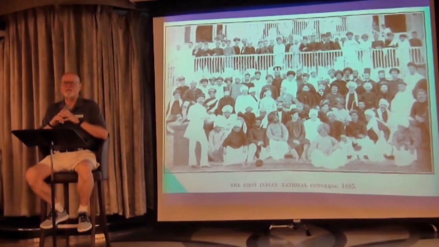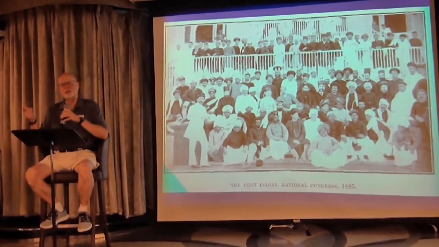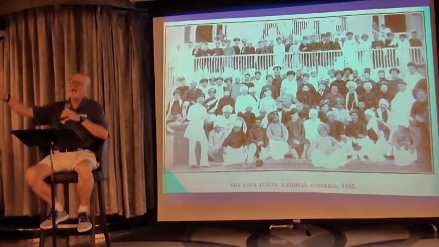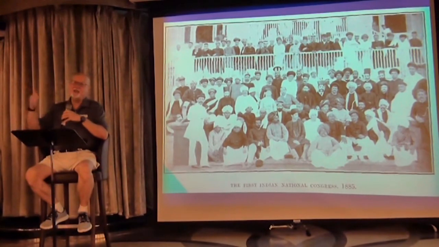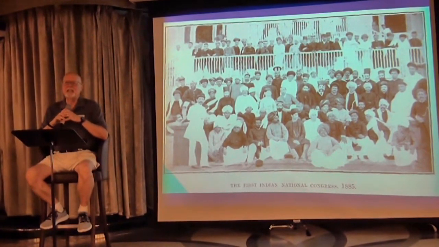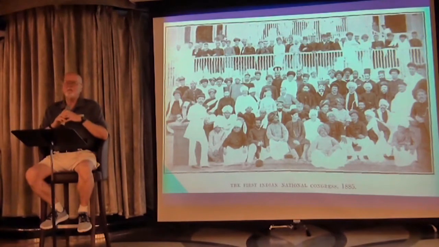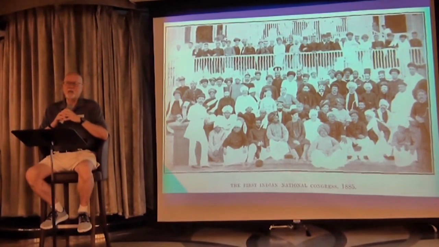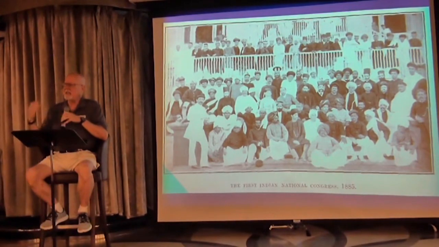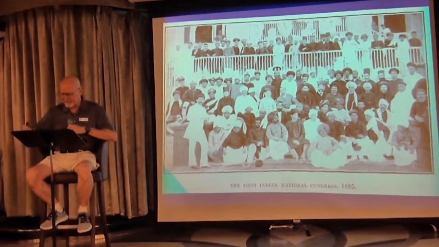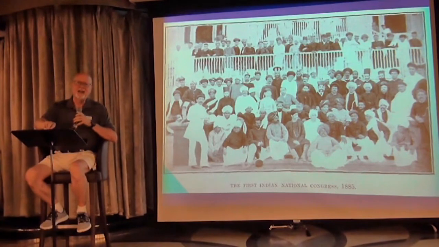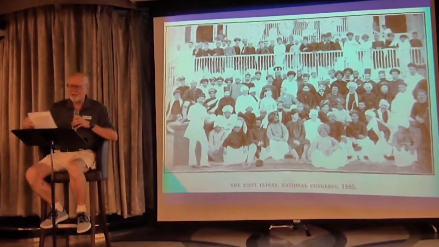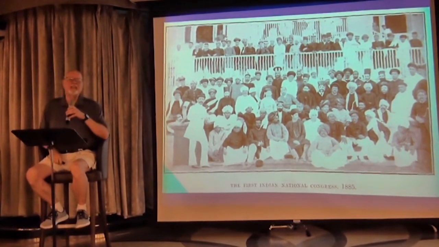They would debate issues of various kinds, and then they would pass resolutions and pass them on to the Viceroy, to the Raj, the ruling British in India at that point. Almost none of them were taken very seriously by the British. And so for quite a few years, they would meet on a regular basis and discuss these things and pass resolutions of what they thought ought to happen, and then very seldom did anything happen.